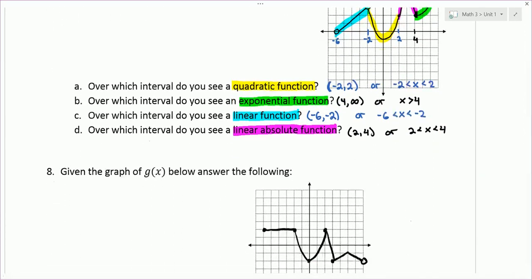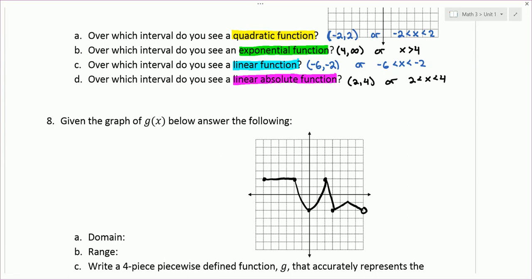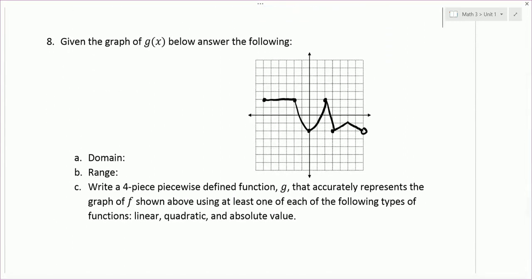Number 8. Given the graph of g of x below, answer the following. So what's the domain of this function? Looking at the x, the lowest x value is at -1, 2, 3, 4, 5, 6, -6.